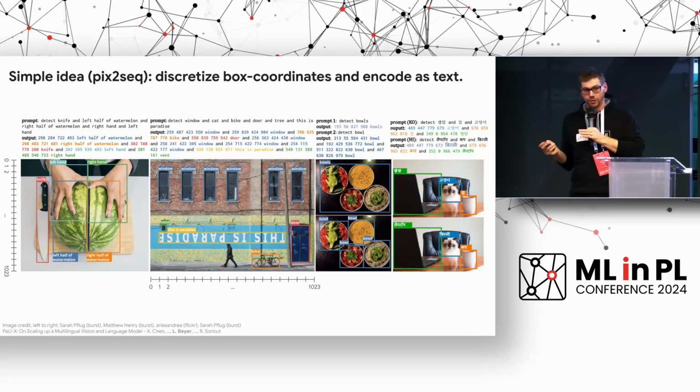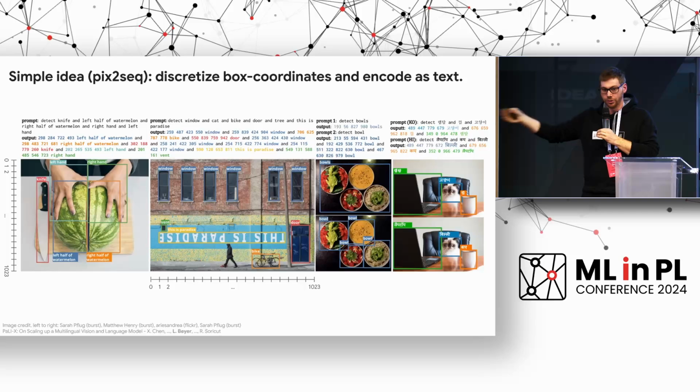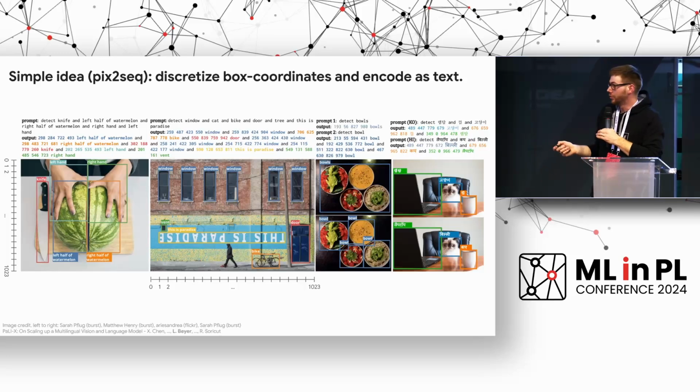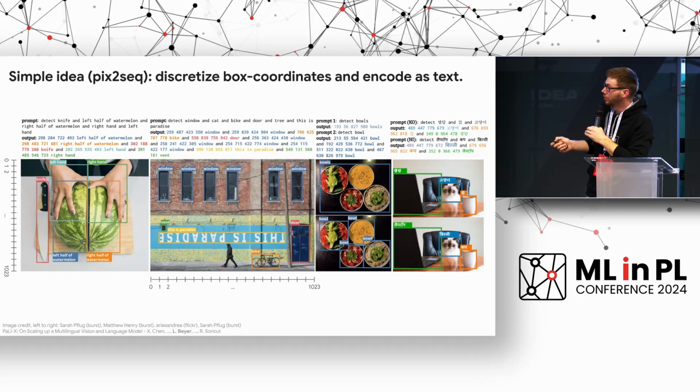Now you have your language vocabulary, you just add 1024 tokens at the end and you call them location tokens. And they correspond to each of these bins. And then you have an image like this one, which has detection boxes as annotations. So it's the thing that it is plus the box.